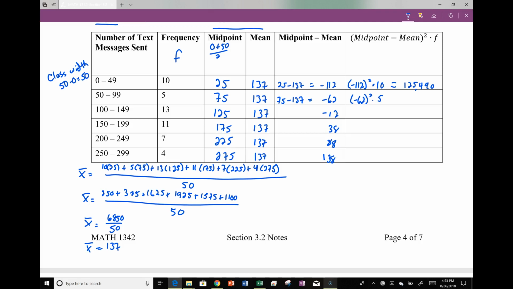So 62 squared is going to be 3,844. I'm going to multiply that by 5 and I get 19,220. I highly recommend that you continue the calculations as I calculate those. Negative 12 squared times 13. So negative 12 squared is 144 times 13 gives me 1,872.